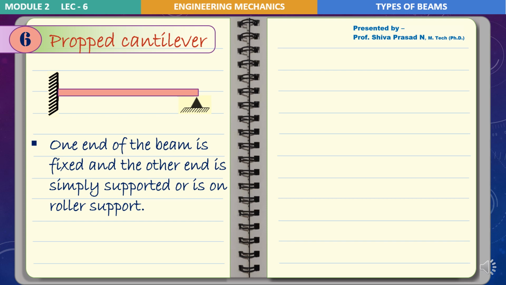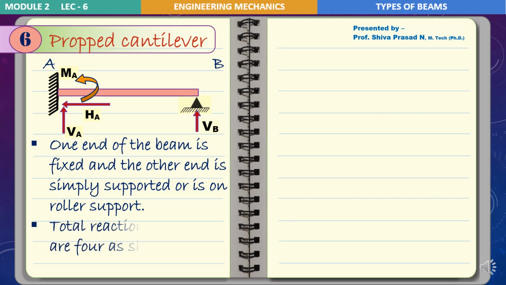Now the support reactions at the end A, that is the fixed end: we have a vertical reaction VA, a horizontal reaction HA and a moment reaction MA. Coming to point B, we have one vertical reaction component, that is VB, because it is a simple support.